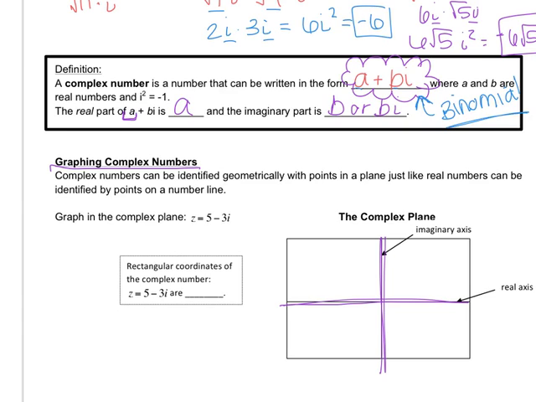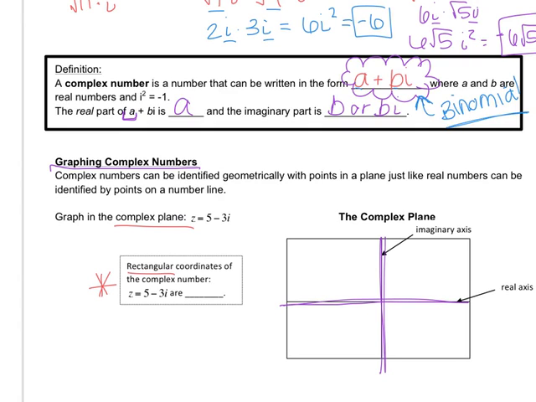So it's a very quick transition from a complex number to how to graph that on the complex plane. And right here is where I show you what that is.